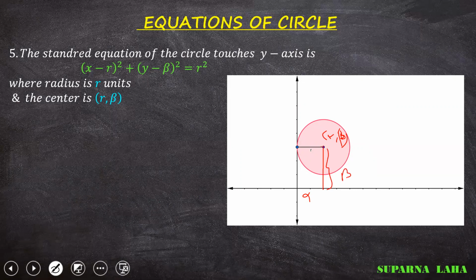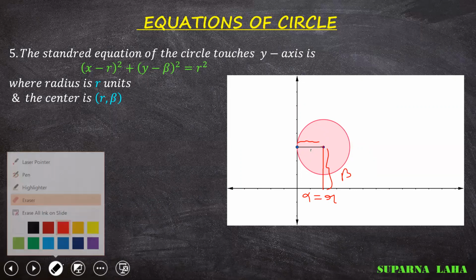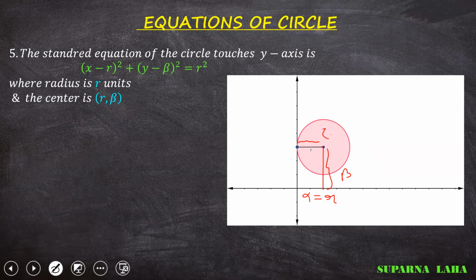Now alpha is what? This distance, which is the radius. So alpha is equal to r. So the center I can easily write as r comma beta, and the radius is r. Clear? So the equation is given in this form: x minus r the whole square plus y minus beta the whole square is equal to r square.